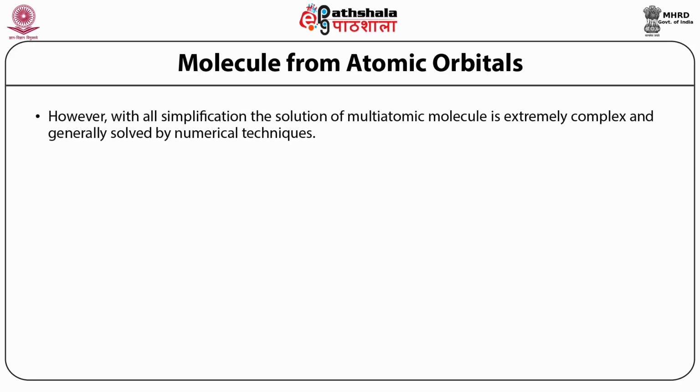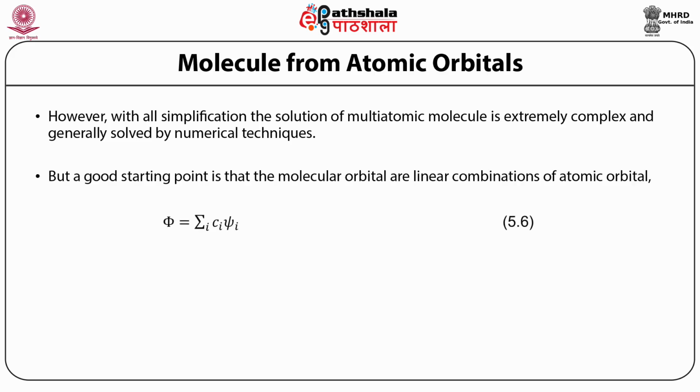However, with all the simplification, the solution for a multi-atomic molecule is extremely complex and generally solved by numerical techniques. But a good starting point is that the molecular orbitals are linear combinations of the atomic orbitals.